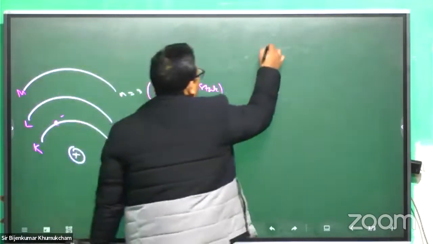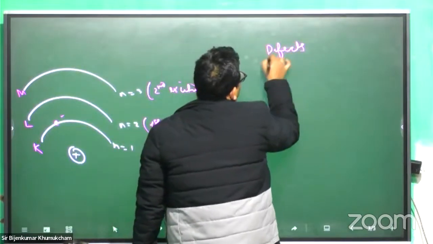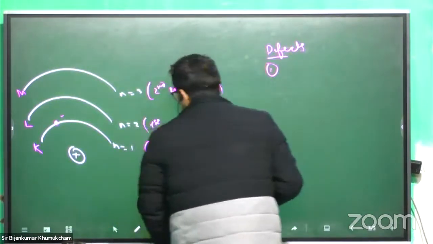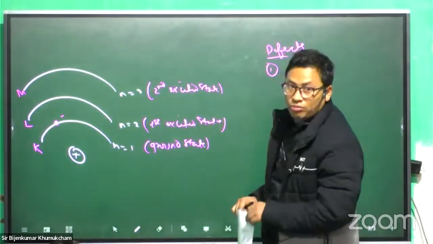Next, the demerits, the defects of the Bohr model. Number 1, I explained it already.